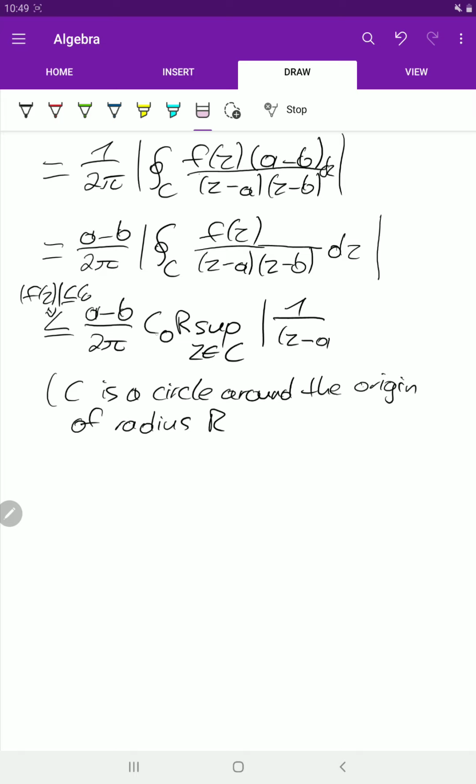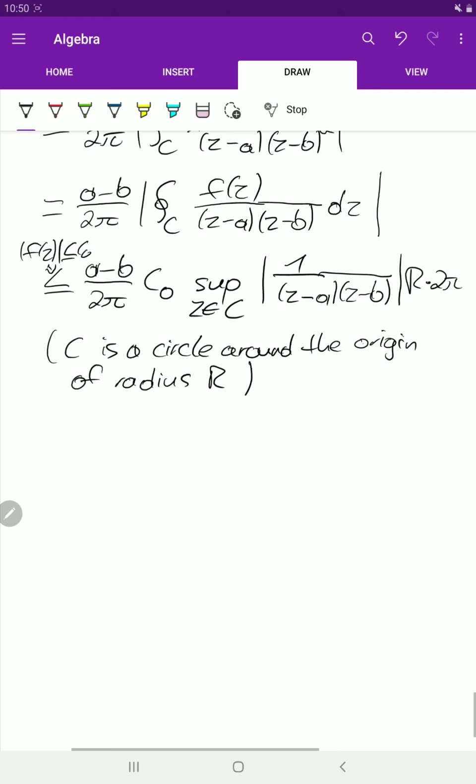Maybe let me not yet put this r here. So we have c minus a times c minus b. And then we need the r times 2 pi. So that's the length of the circle.